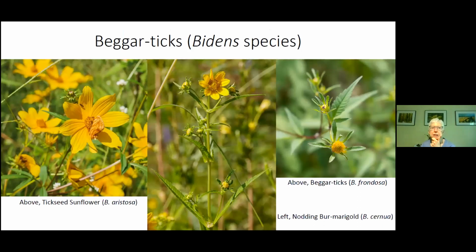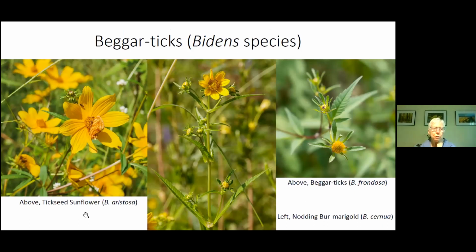The beggar-ticks are all members of the Aster family. We have 3 examples of them here. The genus for these is Bidens, which means 2 teeth. And I'll explain in a minute where beggar-ticks and Bidens comes from.